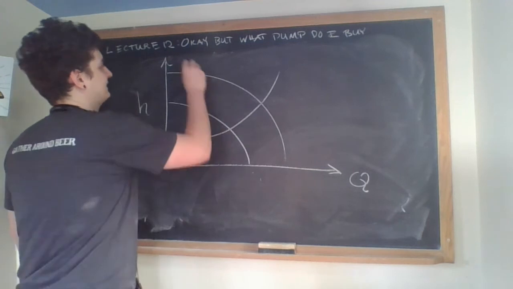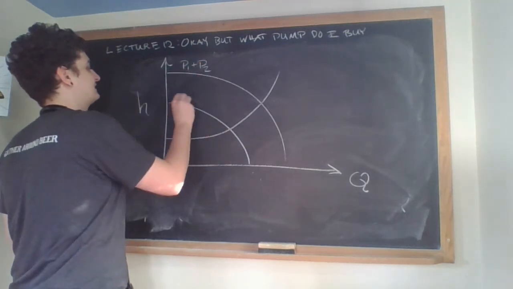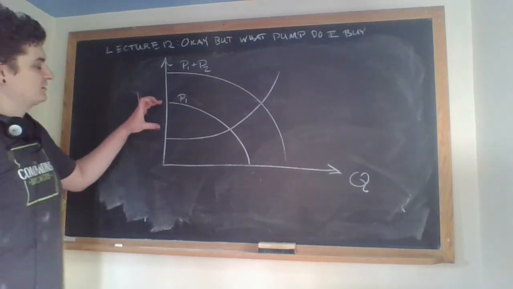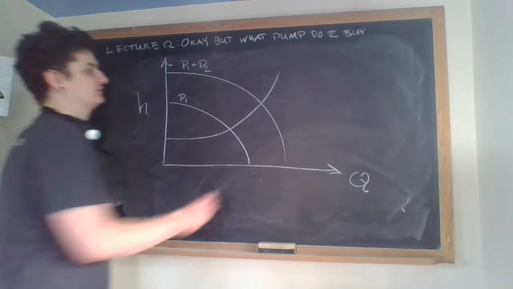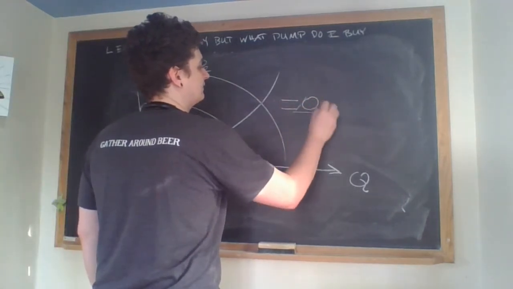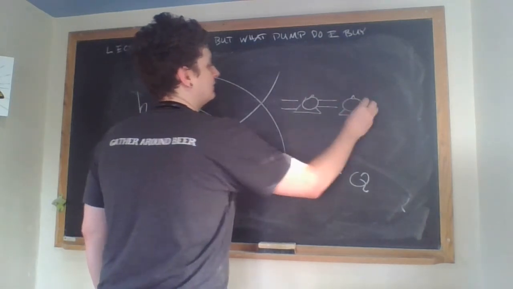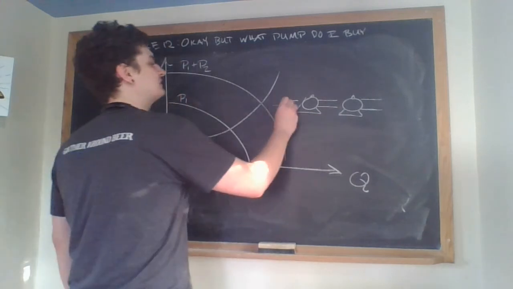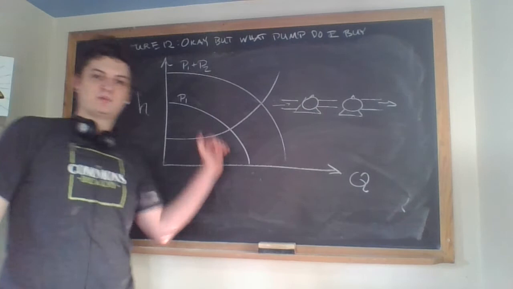So this is just, let's say, P1. So this is just a simple addition of both of these pumps in a row. So what this looks like is series pumps. What they do is they actually add the pump curves themselves.